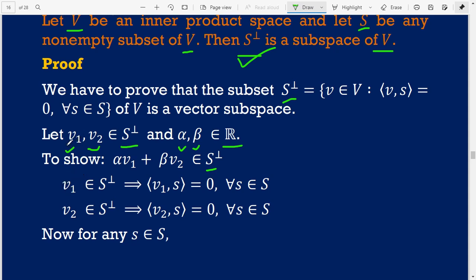So V1 belongs to S orthogonal implies inner product V1 with S is equal to 0 for every S belongs to S, and V2 belongs to S orthogonal implies inner product V2 with S is equal to 0 for every S belongs to S.